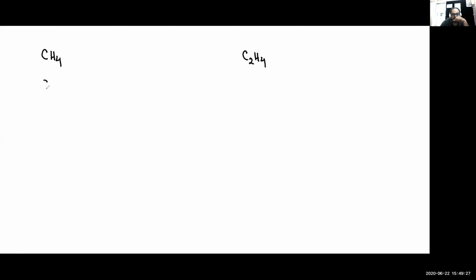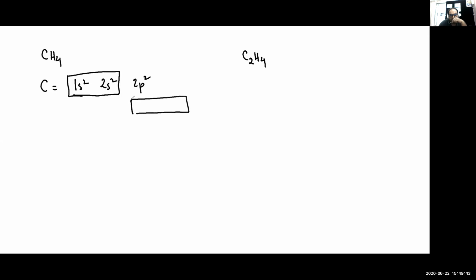Okay. So carbon is 1s2, 2s2, 2p2, which means 1s2 and 2s2 is full. 2p2 would look like this. They have one here and then one here. So we can take this as 2px, 2py, and 2pz.